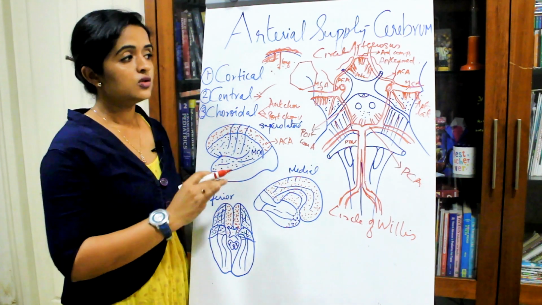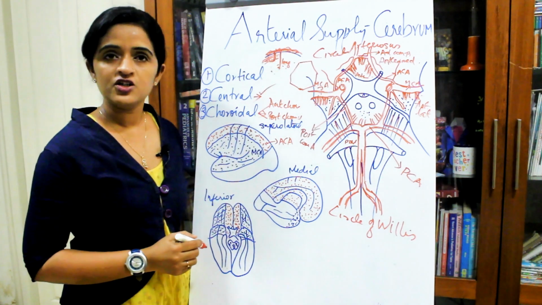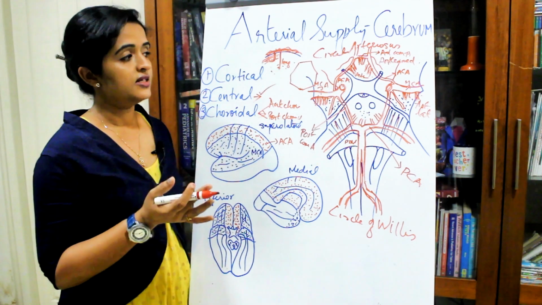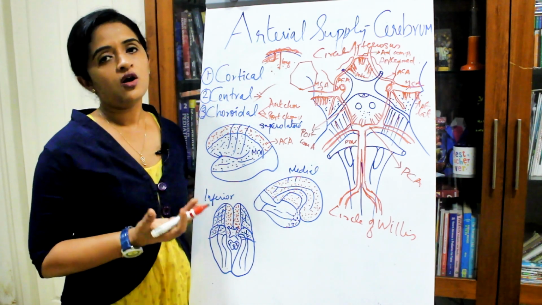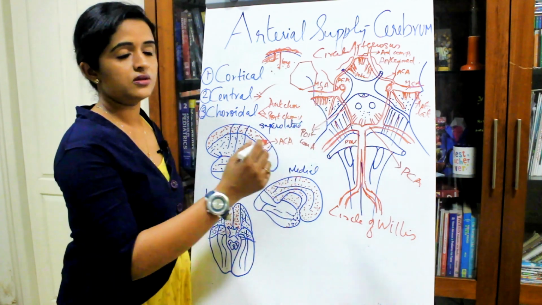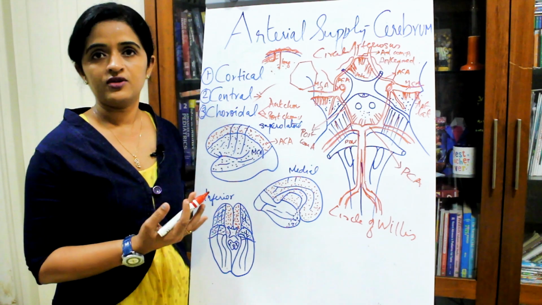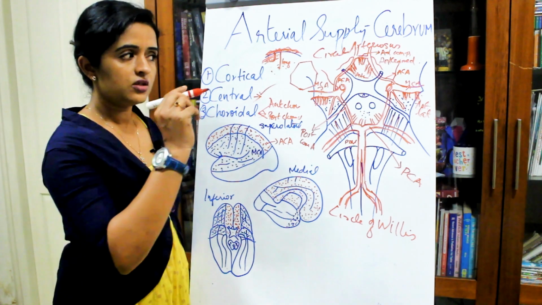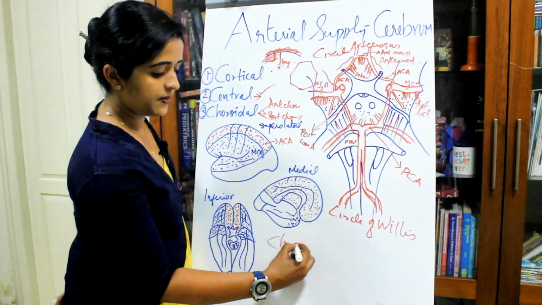These anterolateral branches again perforate the anterior perforated substance, and they supply the anterior limb of the internal capsule, the caudate nucleus as well as the lentiform nucleus. The anterolateral branches are also known as lateral striate arteries.